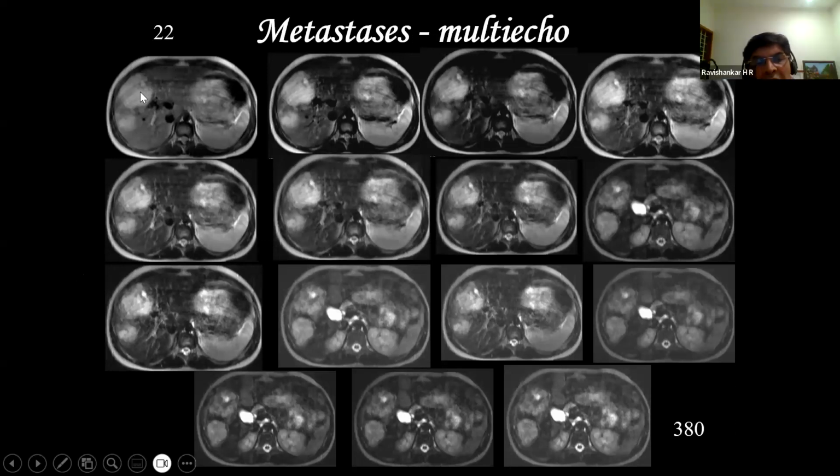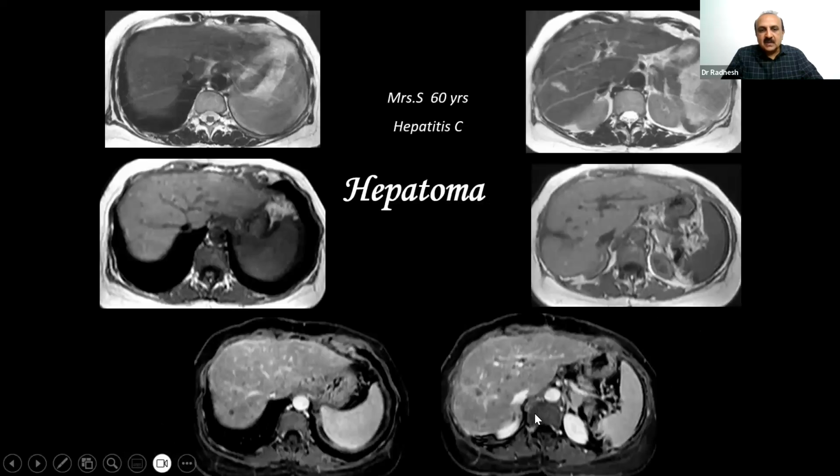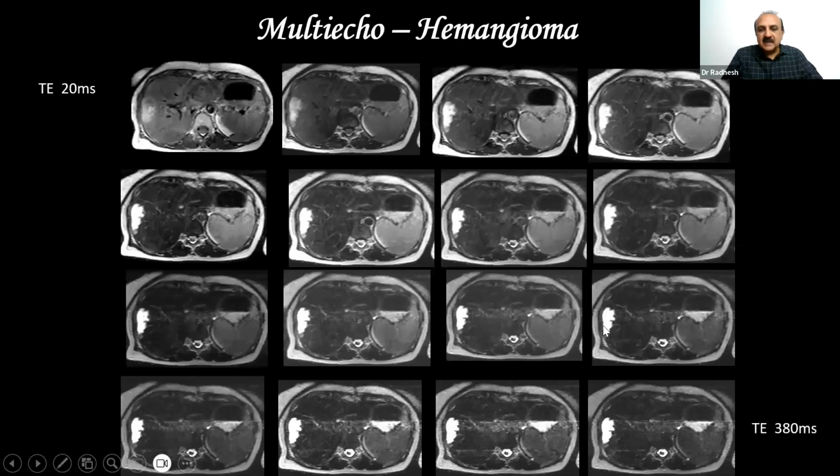At 22, it is bright. At 380, it has become darker. But look at hemangioma. In contrast to that, see this. It's really bright at 380 milliseconds. So that is how you differentiate hemangioma from metastasis based on multi-echo.